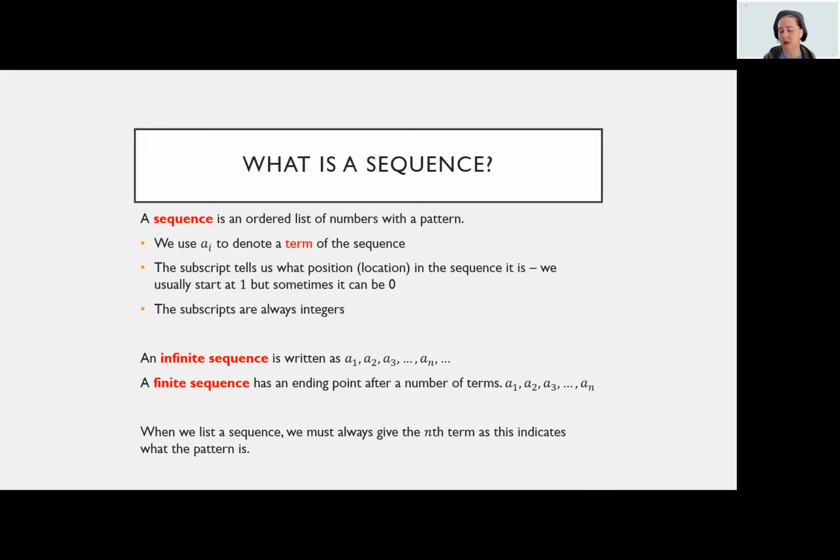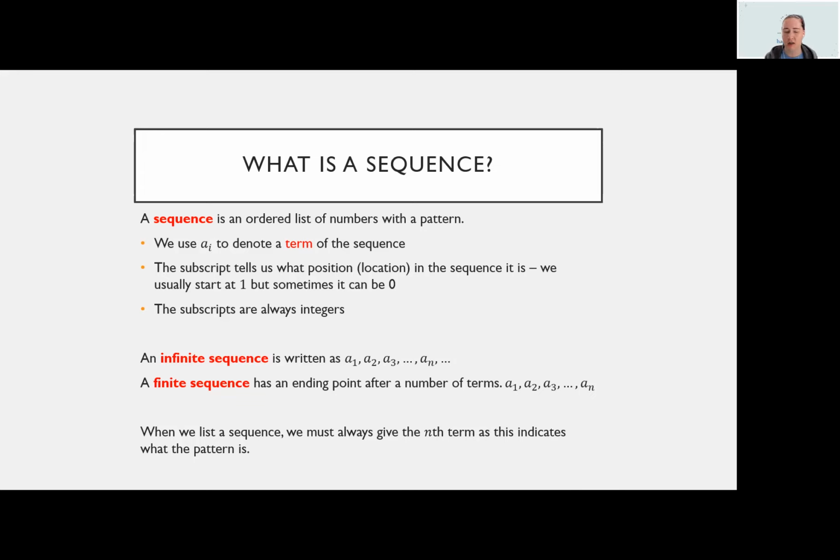Infinite sequences go on forever. When you're writing a sequence, you'll use the ellipsis, the 3 dots, in between to show that it keeps counting. Then you'll give the formula in terms of n, and you'll use the ellipsis again to show that it keeps going. Finite sequences don't have the ellipsis at the end because they stop at the nth term.